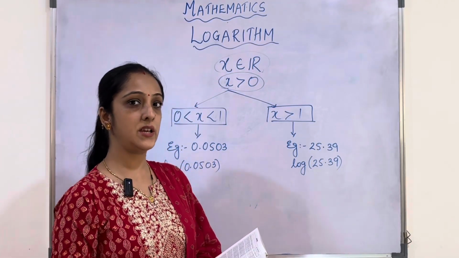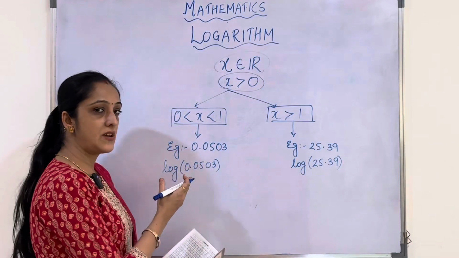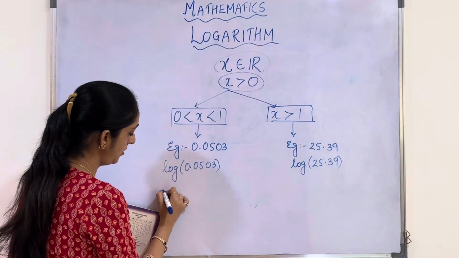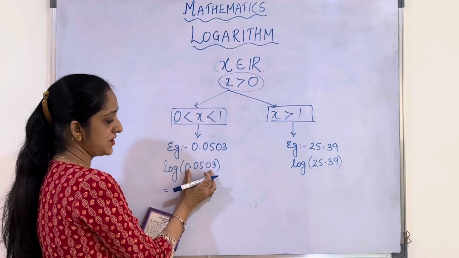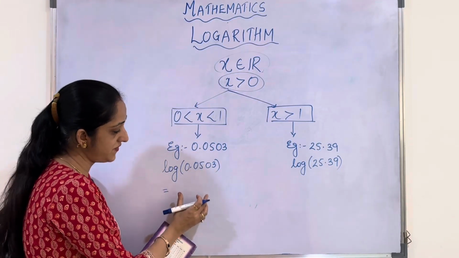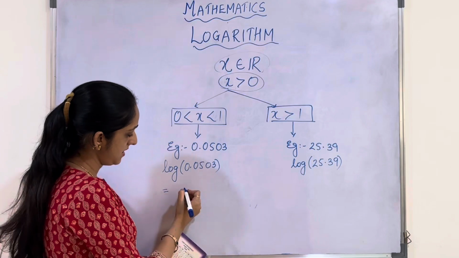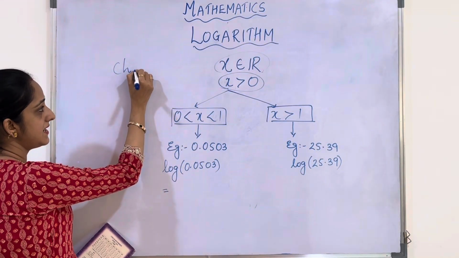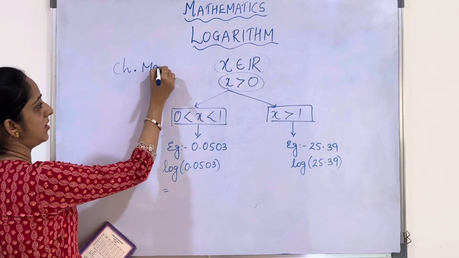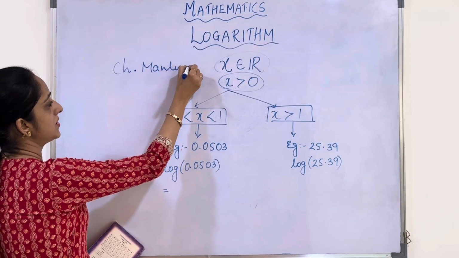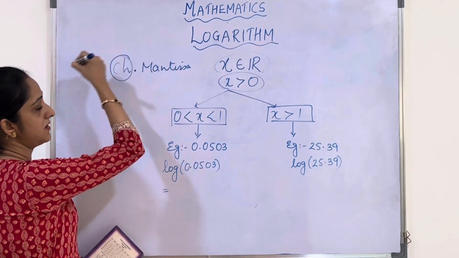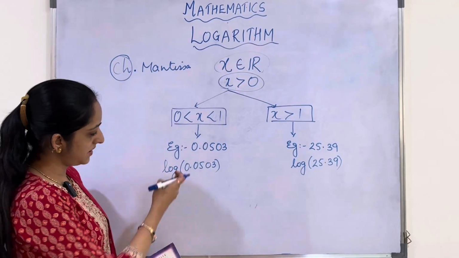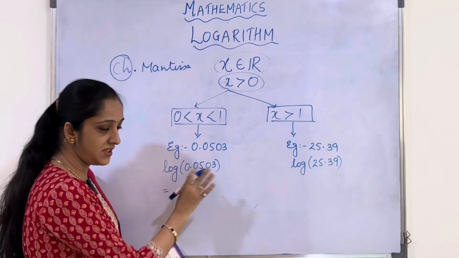So let us see how we can find log of such numbers when it is less than 1 but greater than 0. So log of 0.0503: log of any number has two parts. First part is called characteristic, then decimal, and second part is called mantissa. Now in order to find the characteristic part, we don't need the log table. Characteristic can be obtained just by seeing the number.